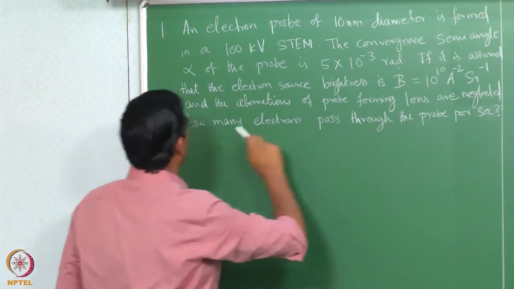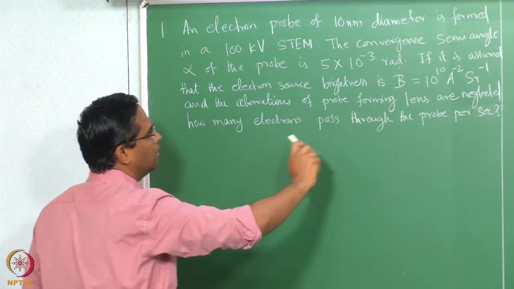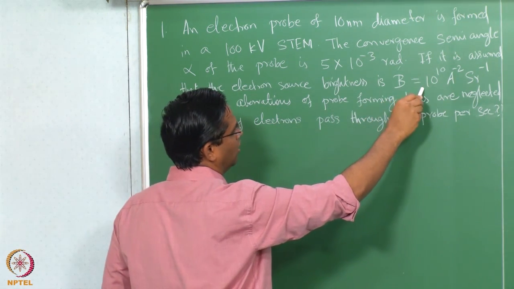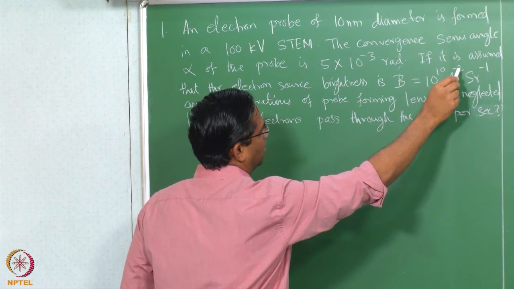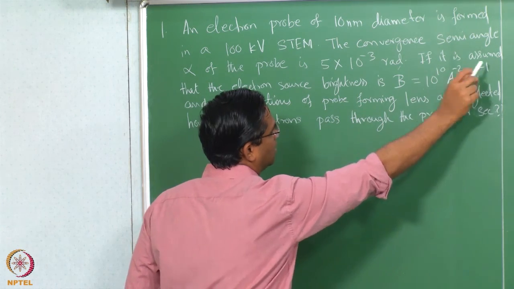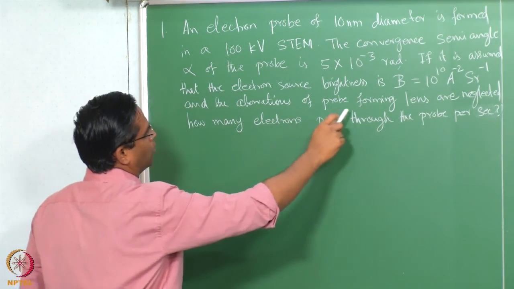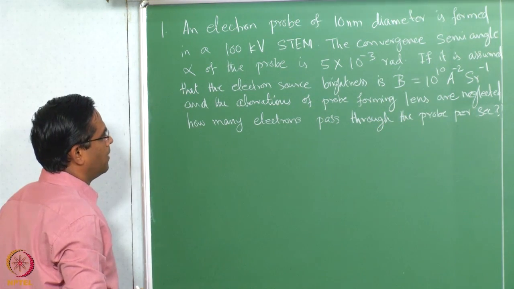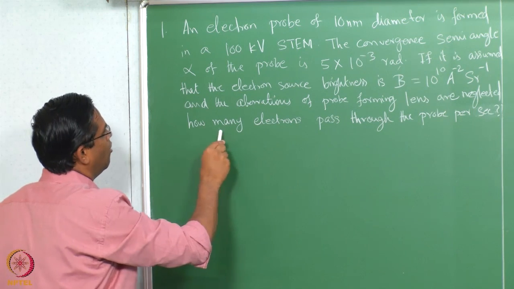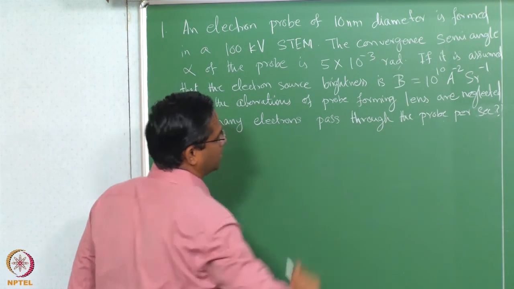If it is assumed that the electron source brightness B is equal to 10 to the power 10 amperes per square meter per steradian, and the aberrations of the probe forming lens are neglected, then how many electrons pass through the probe per second?